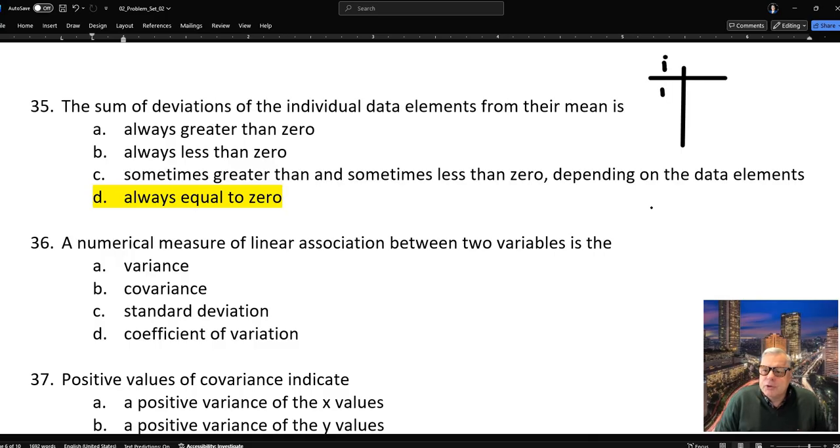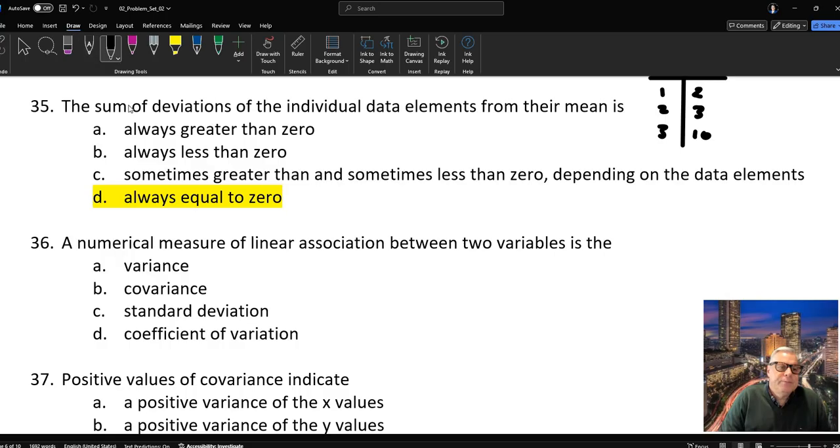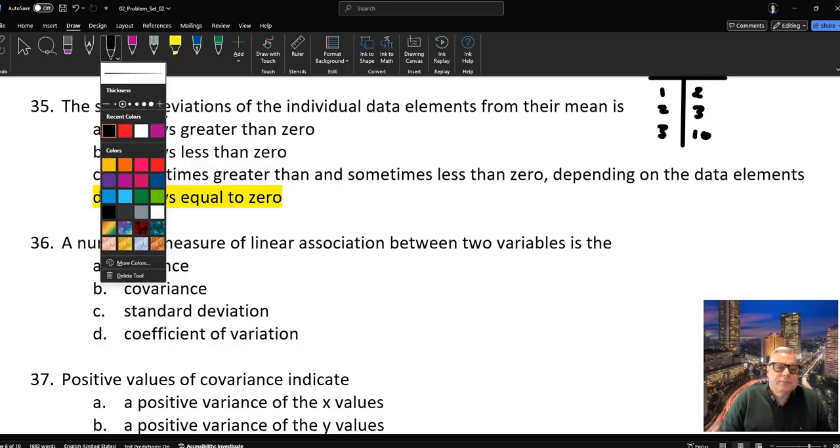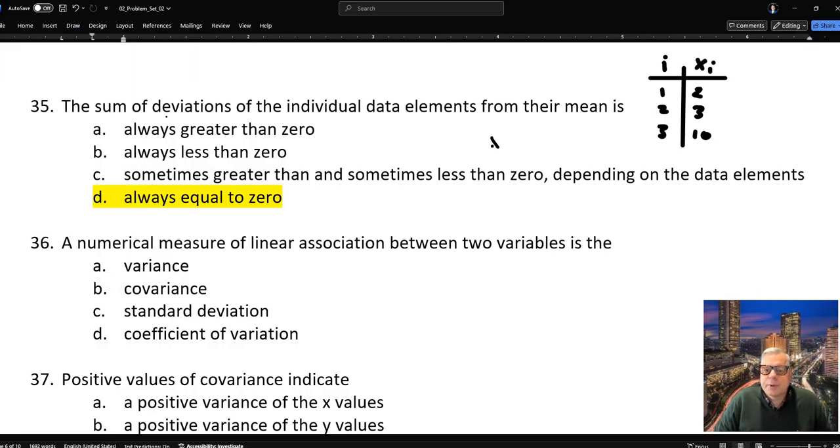So if we have 3 observations and the values are, let's say, 2, 3, and 10, then the mean would be 5. 2, 3, 10 is 15, divided by 3 is 5.